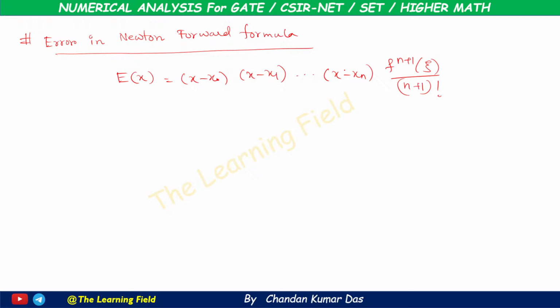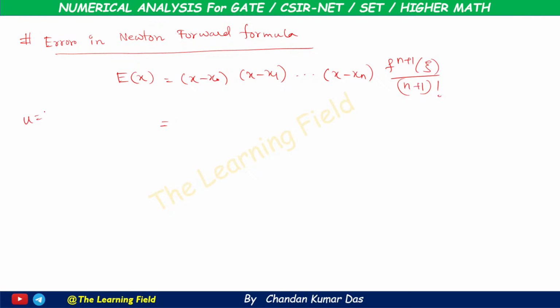So this is equal to what? If we divide these terms by h, we get (x minus x0) by h, and h appears n plus 1 times here.